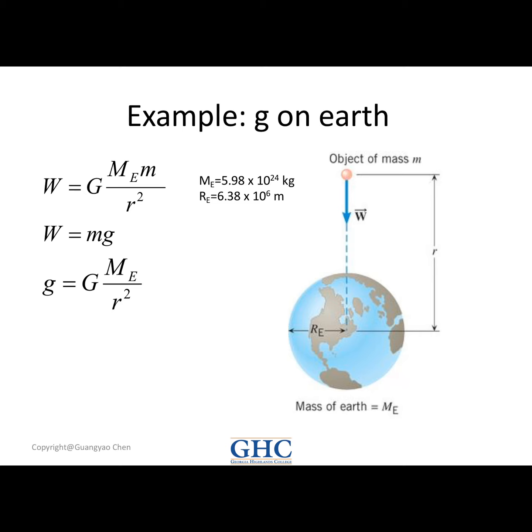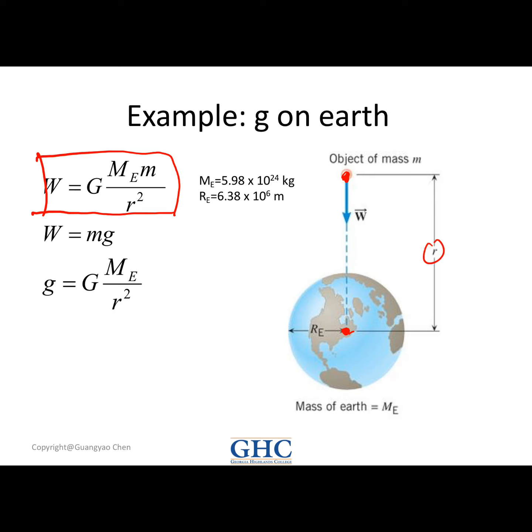Now, first example, what would be the acceleration due to gravity on the surface of Earth? From Newton's law of universal gravity, the force acting on any object on the surface of Earth is G times mass of Earth times mass of the object over r squared. R is the distance from the object to the center of the Earth.